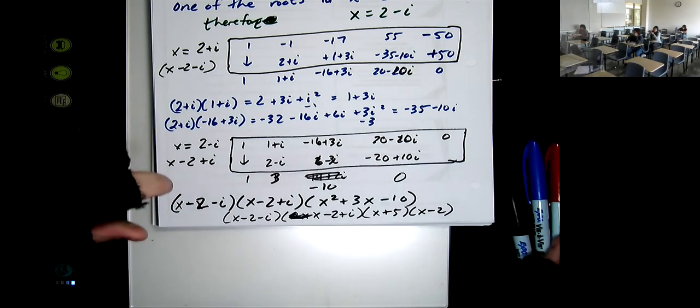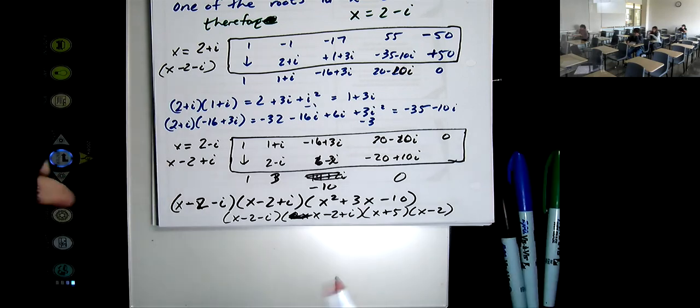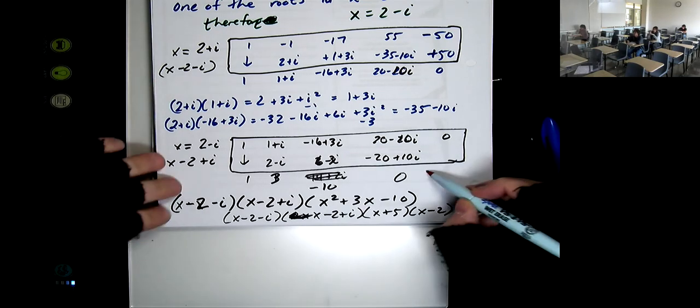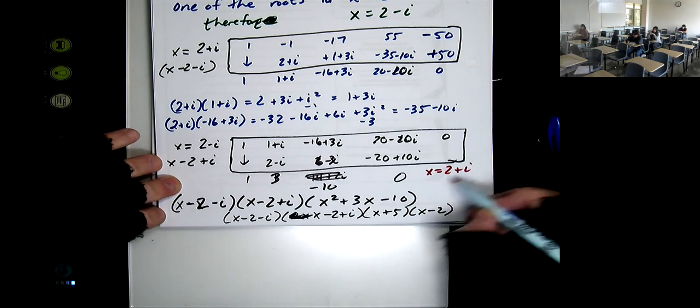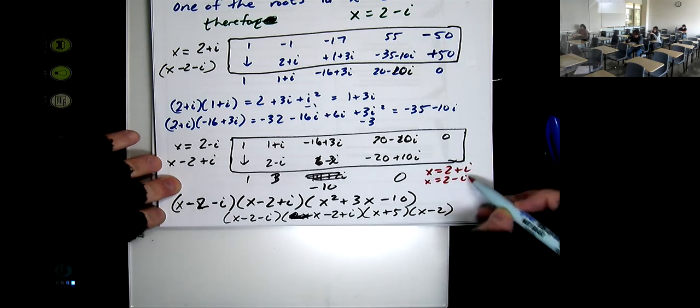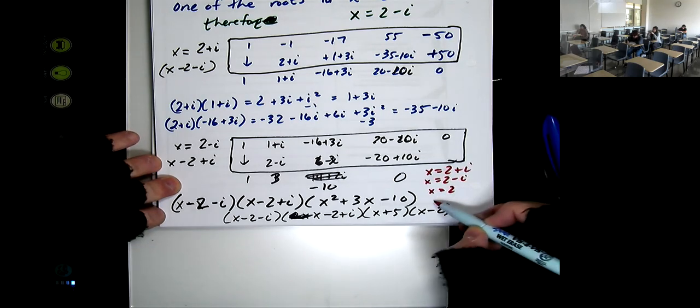So my roots here were x equals 2 plus i, x equals 2 minus i, x equals 2, and x equals -5.